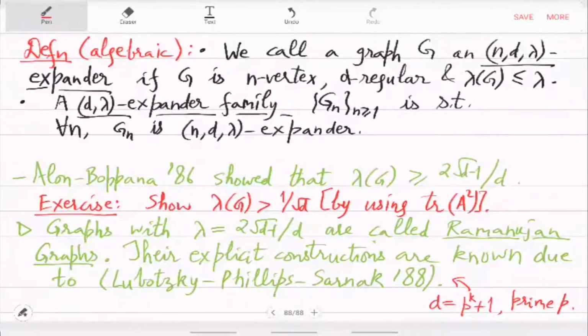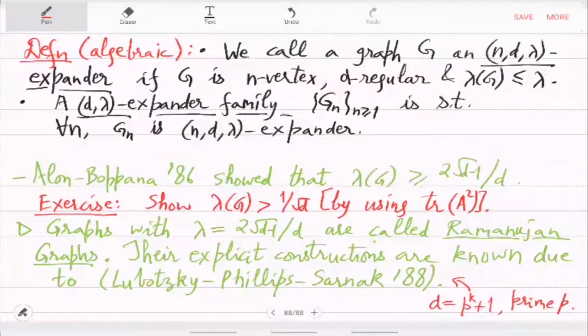So it's not for every degree, but for these prime power plus 1 degrees, these constructions are known, and they achieve this Alon-Boppana bound. So this is an optimal bound. Point being that these infinite families are constructible. Okay, they not only exist, but they are constructible, and we very well understand the spectral gap. So this is some advanced topic independently. We will not go deeper in this.